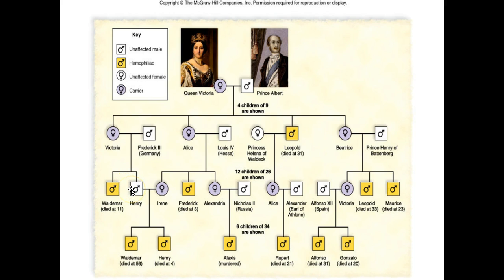And this one got lucky. He got the good X chromosome, married somebody that sadly had a bad X chromosome, and gave it to their children. And you can see that a lot of these kids do die early, 11, 3, 4, 21. You can see they're kind of all over the place.